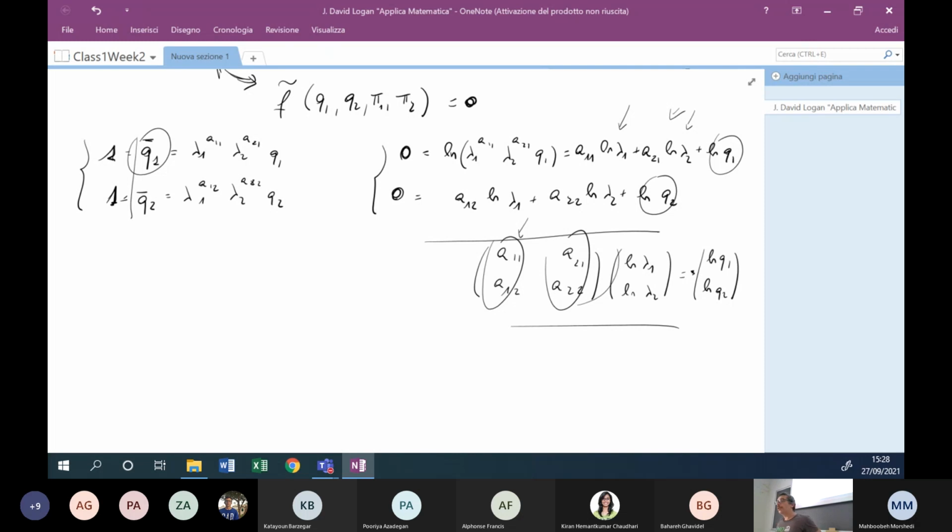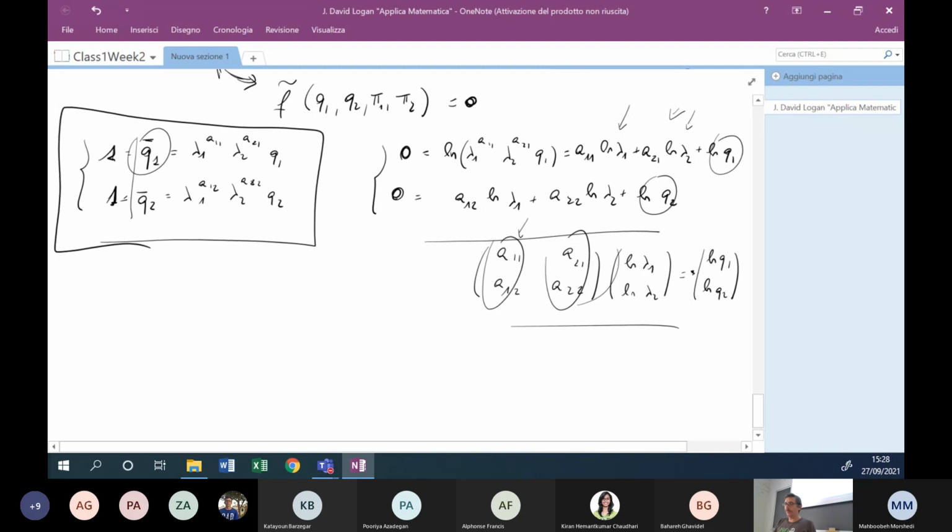It means that I'm surely able to find a lambda 1 and a lambda 2 such that these two equations are fulfilled. So I'm always able to find a lambda 1 and a lambda 2 in such a way that Q bar 1 and Q bar 2 are both equal to 1.